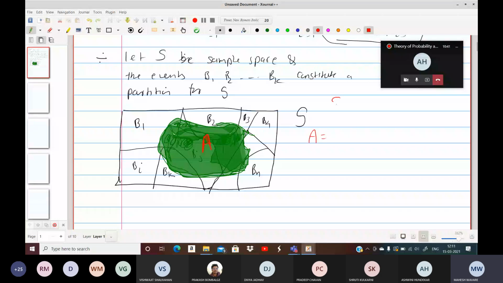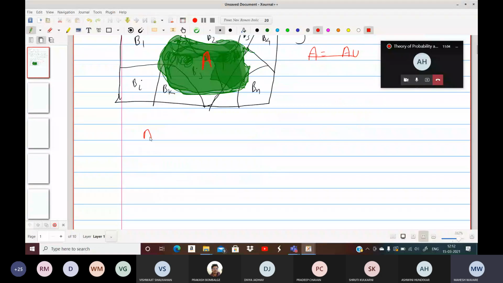Because you know that all Bi constitute the partition, the disjoint union from 1 to k constitutes S. Now how is this A written? A may be common to B1. This A can easily be written as B1 intersection A. So B1 intersection A means this much part.